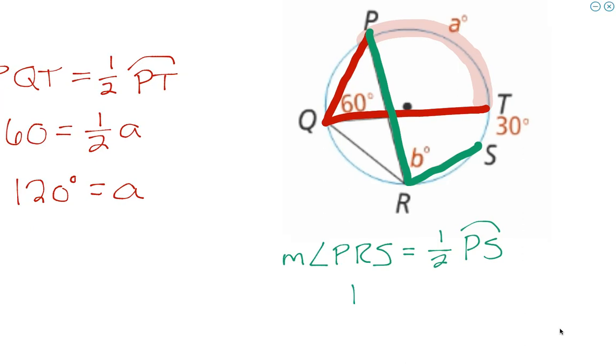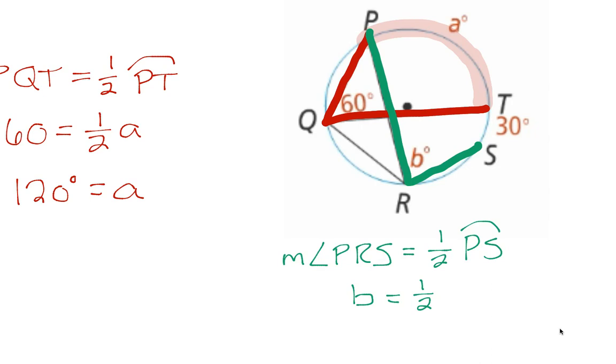So this is saying that B equals 1/2, and I'm saying B because B is this inscribed angle. So I'm basically using the substitution method right here.